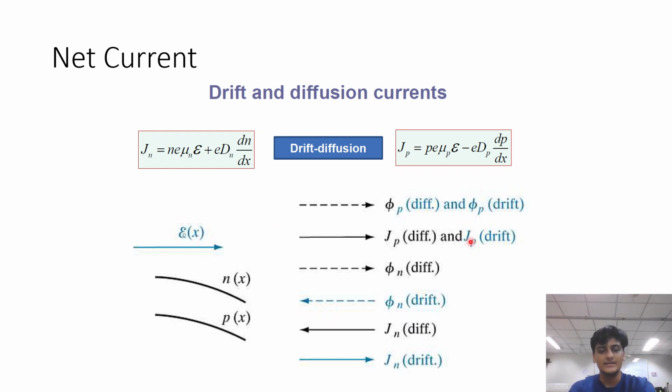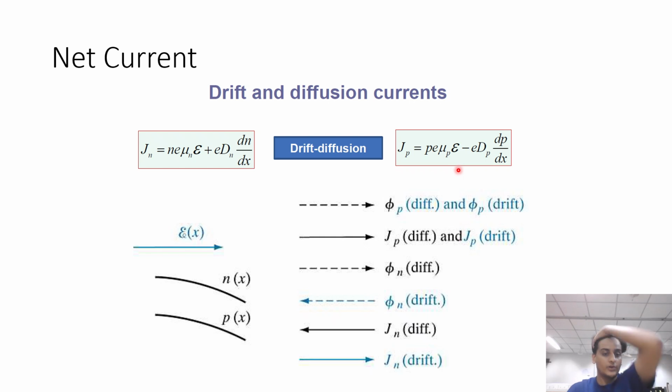What this means is that your drift current is clearly positive because it's in the direction of the electric field, and your diffusion is in the direction where dp by dx is negative. So you will put a minus sign here, and this gives you the net hole current. The reason you put a minus sign is because they're both adding up from left to right, and we know that dp by dx is going to come negative. So if we want this diffusion term to add up, we'll put a minus sign here. So this is the derivation for the holes.